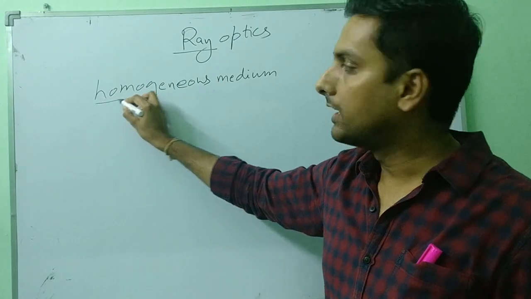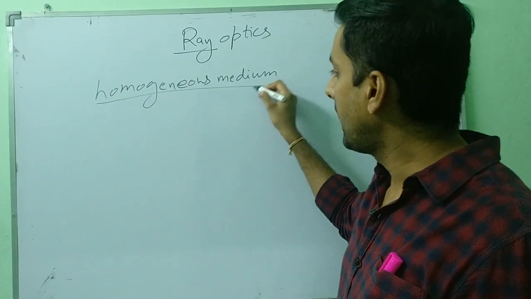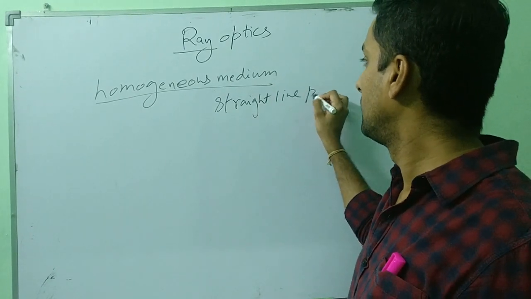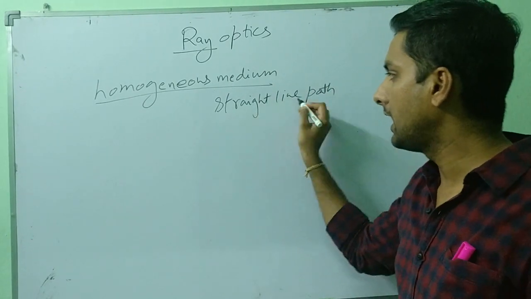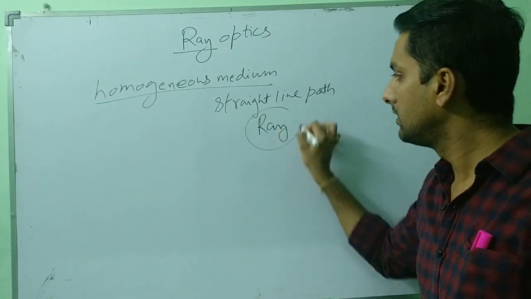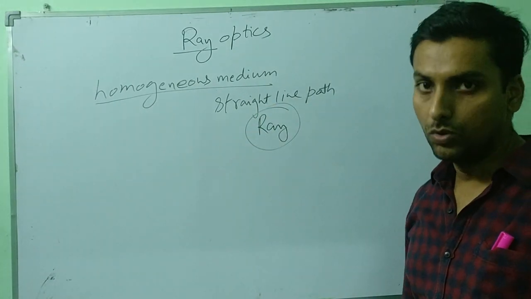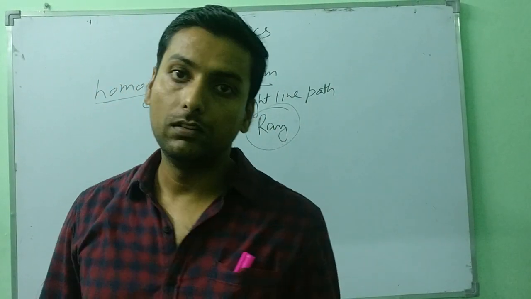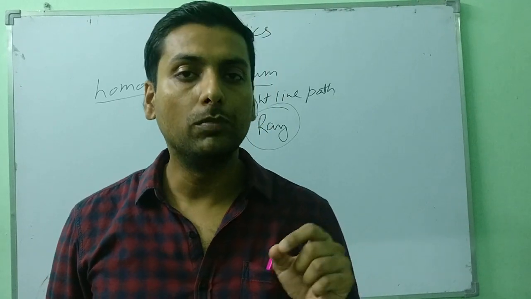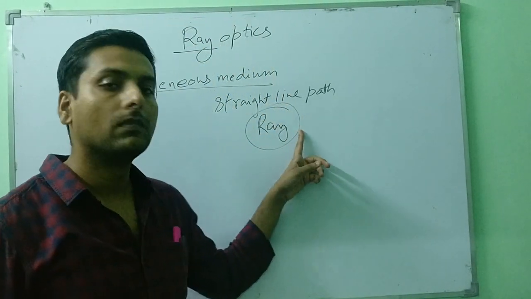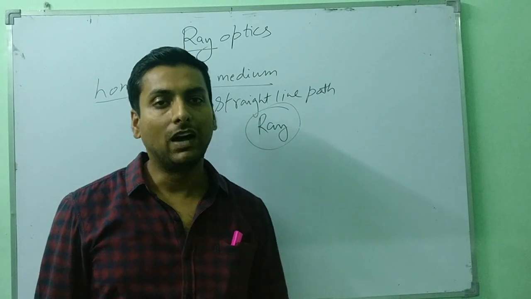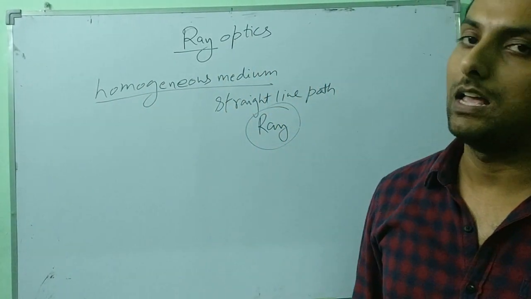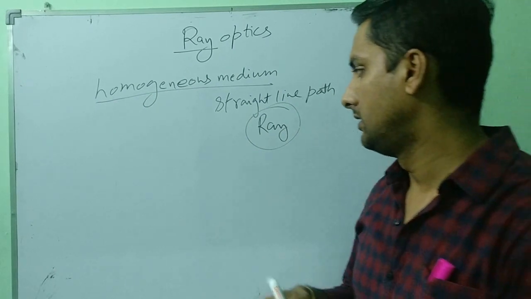Whenever the light is traveling in a homogeneous medium and also it travels in a straight line path, then that particular case is called a ray. So a ray is the path of light traveling in a straight line in a homogeneous medium. A bunch or a bundle of rays is called a beam of light.